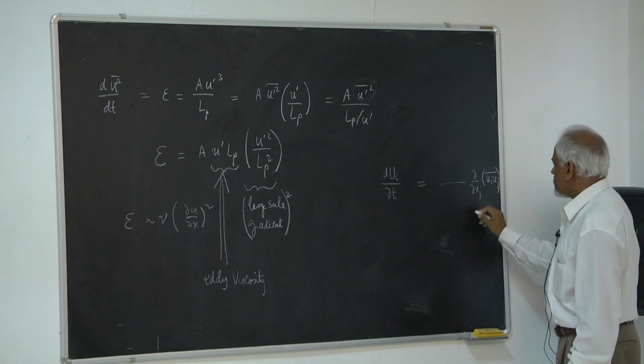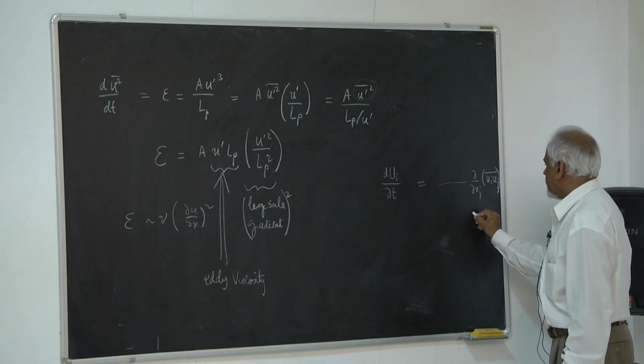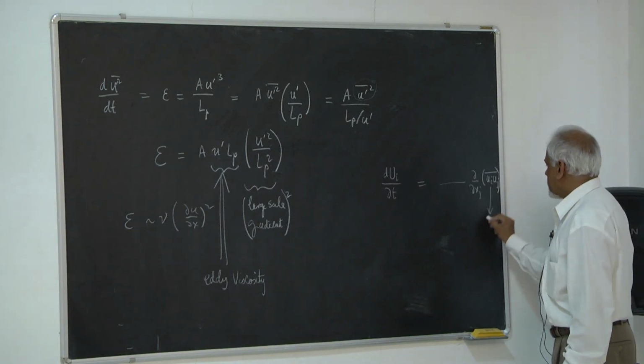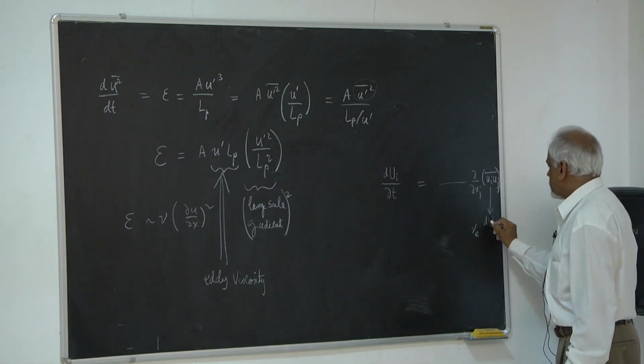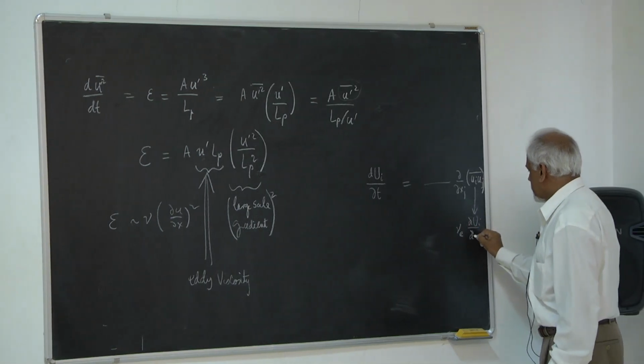And I said sometimes you can write this quantity here as nu effective times dui dxj, let's say.